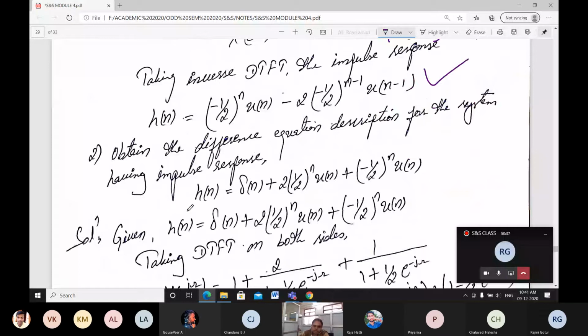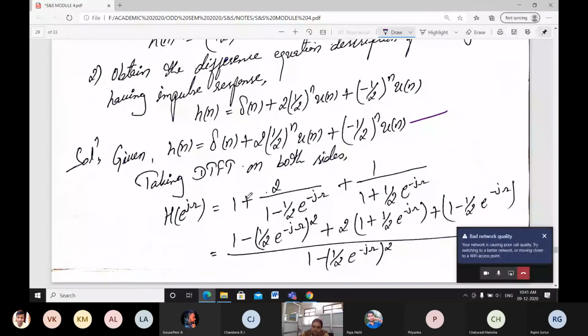H of e raised to j omega is going to be, for the delta function, always 1, plus 2 into alpha raised to n u of n, which means 1 divided by 1 minus alpha, so 1 divided by 1 minus 1 by 2 e raised to minus j omega, plus here minus is there, for this reason 1 divided by 1 plus 1 by 2 e raised to minus j omega.